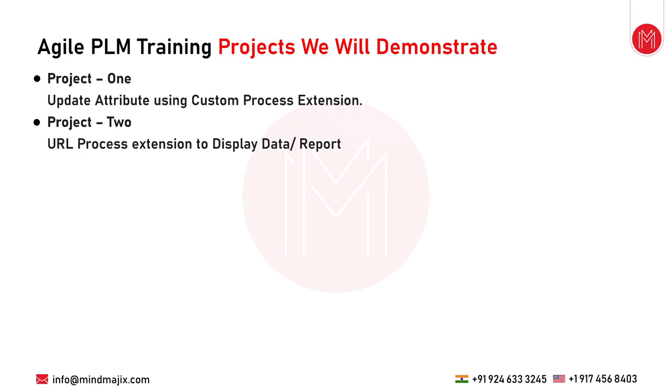So when we receive a URL from site, of course we open it, we go through the bill of materials, that is known as BOM, we go through the changes, then we go through the expectation of that particular customer, and accordingly we make changes. We create new ECOs in our Agile with respect to the information we received from the site, and we update the entire workflow of it. So this process is done by a single URL which we received from site.